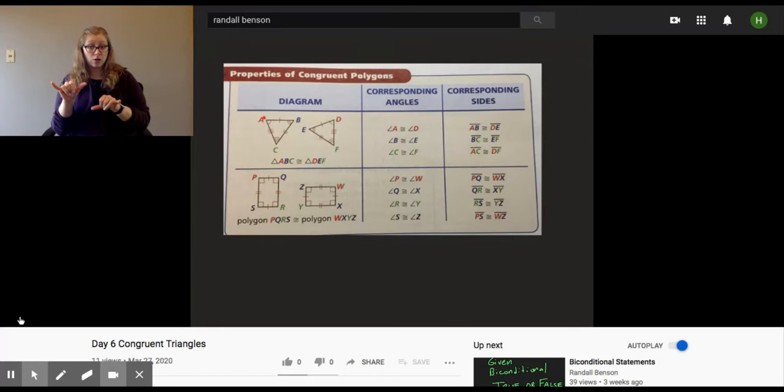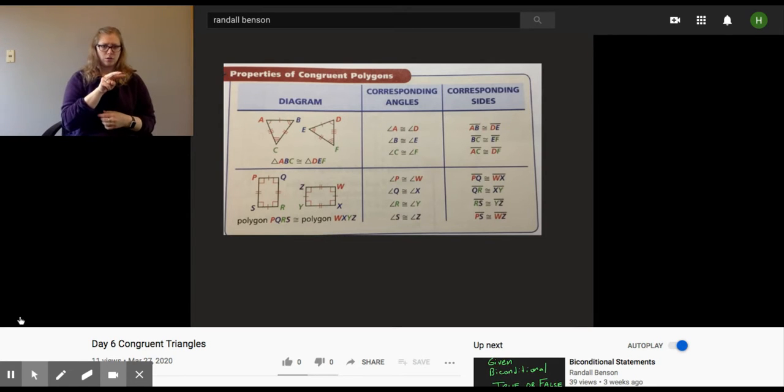So I'm starting at the angle with 1 marking and going to the angle with 2. When I go to the second figure, I want to go from the angle with 1 marking to the angle with 2. So I'm going to say AB is congruent to DE.